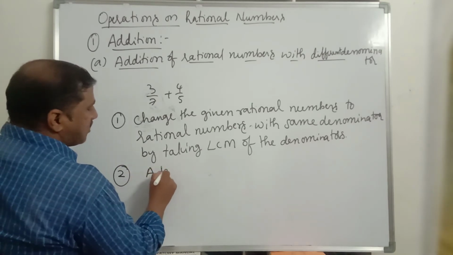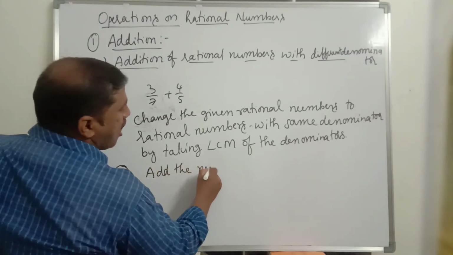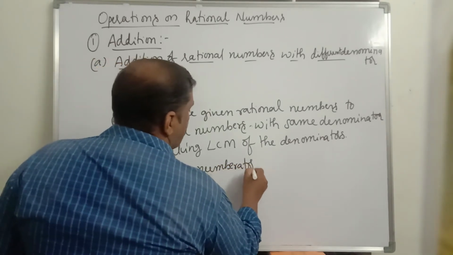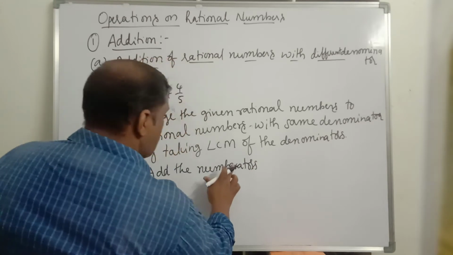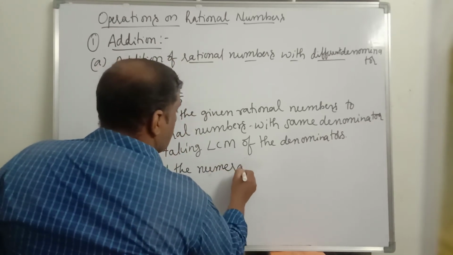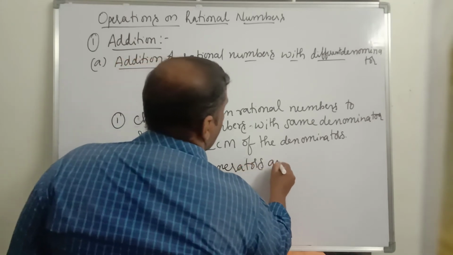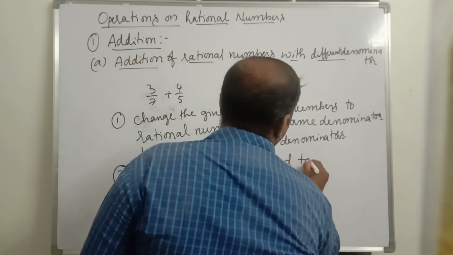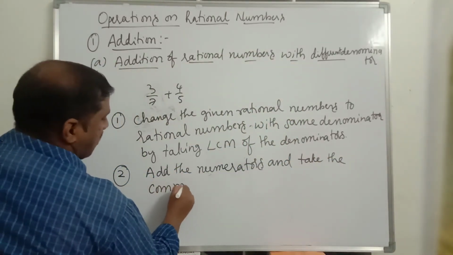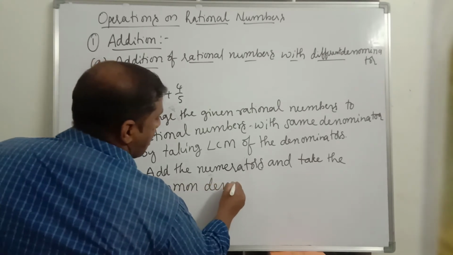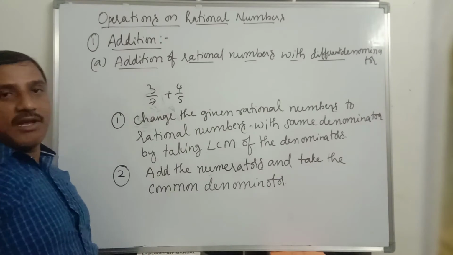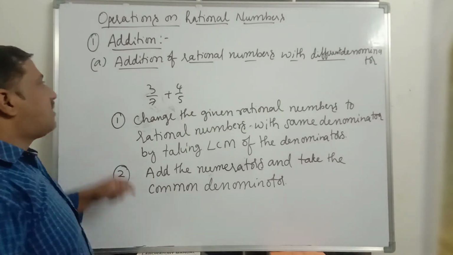Now add the numerators and take the common denominator, and write it in the form of a rational number, that is, p by q form or fractional form. Here two steps are there.